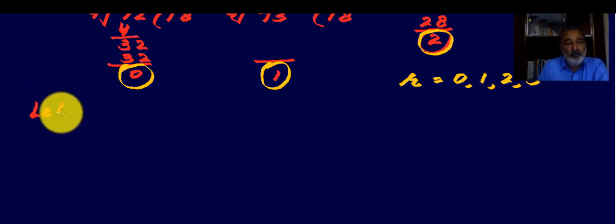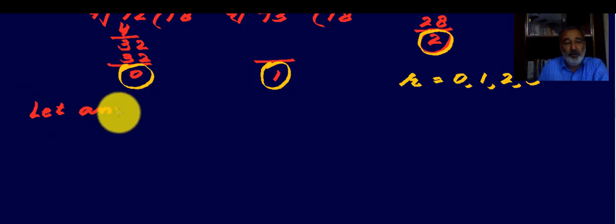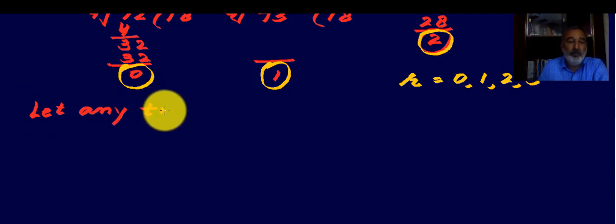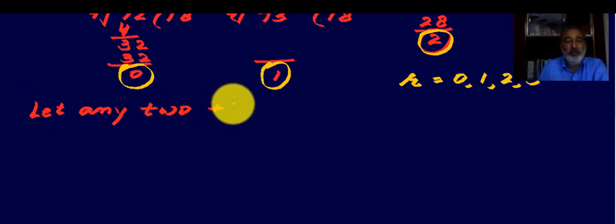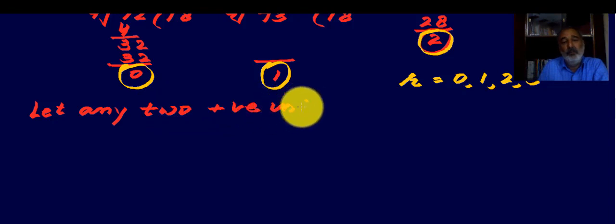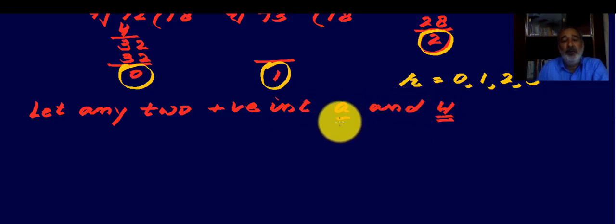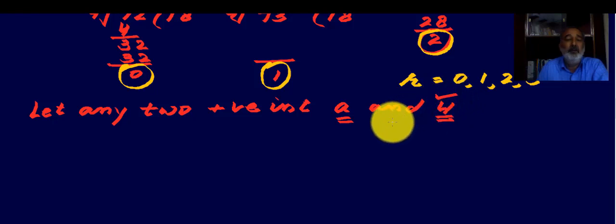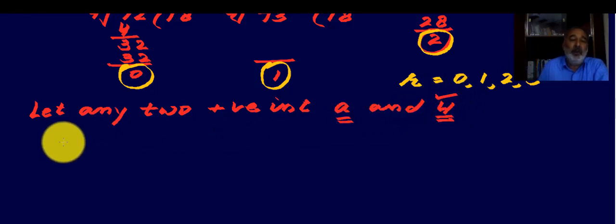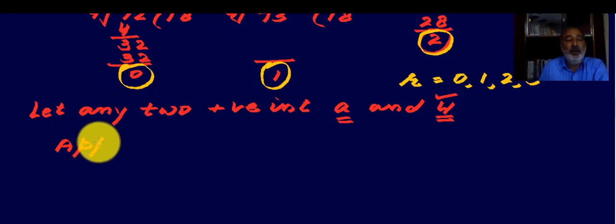Let any two positive integers a and 4. I'm writing value of b here directly. Applying Euclid's division lemma.